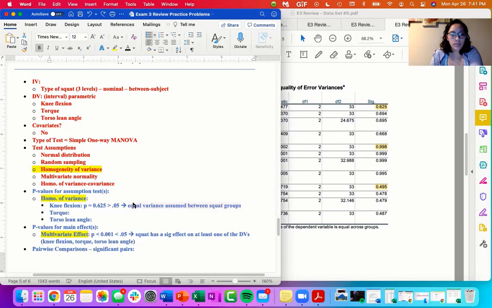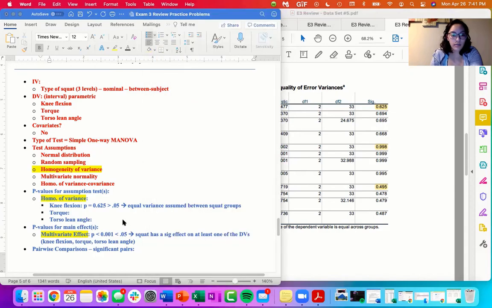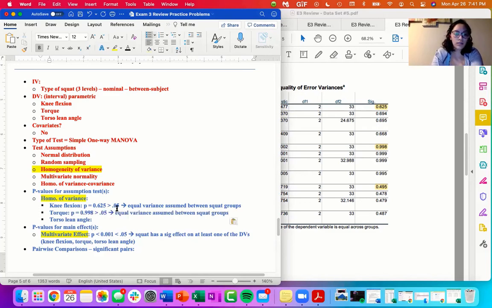Then for torque, p-value 0.998, which is also greater than 0.05. So we could come to a similar conclusion.